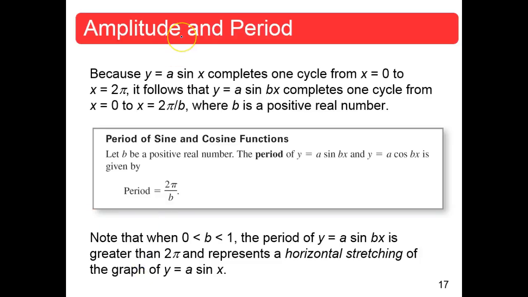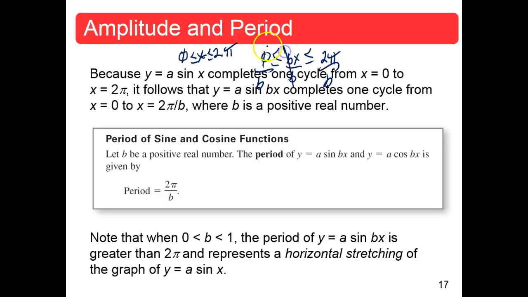If in a normal sine or cosine function, x is going from 0 to 2 pi, that's your one period, right? When you put a b in here, you get 0 is less than bx is less than 2 pi. Because now the argument is bx, okay? To get what x is going from, you divide by b.